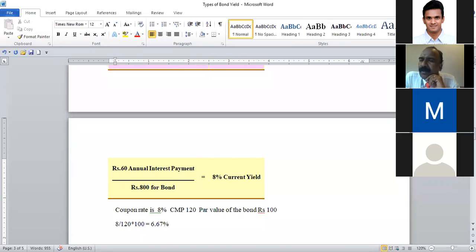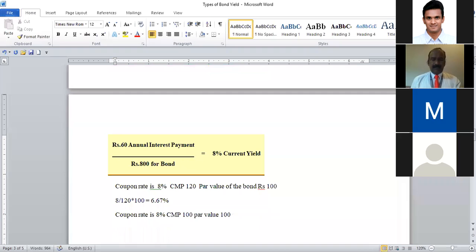For example, in the same case, the coupon rate is 8%. CMP is nothing but current market price, that is 100. Par value is 100.